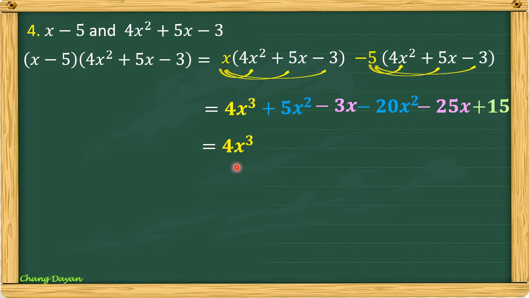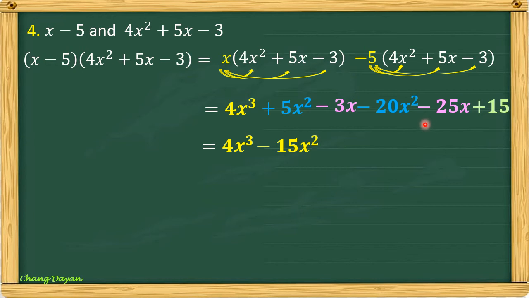Just copy 4x cubed because there is no like term with x cubed. And then, as you see, we have here two like terms. Okay, so 5x squared and negative 20x squared. When you combine this one, 5x squared minus 20x squared will get negative 15x squared. Next, combine negative 3x and negative 25x.